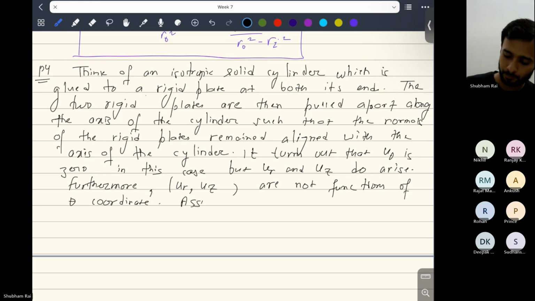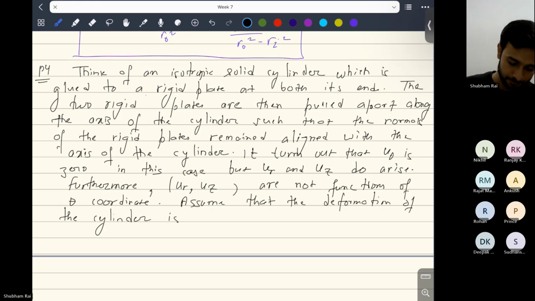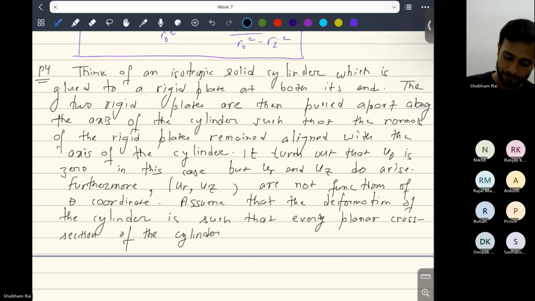So you have to assume that the deformation of the cylinder is such that every planar cross section of the cylinder, you can say Z plane or axial planes, is a plane.